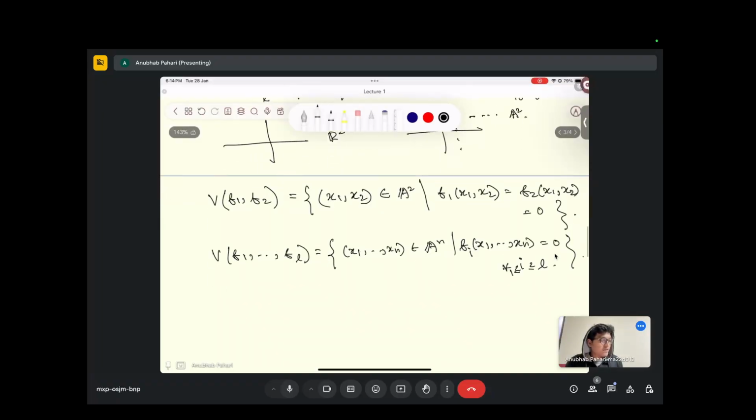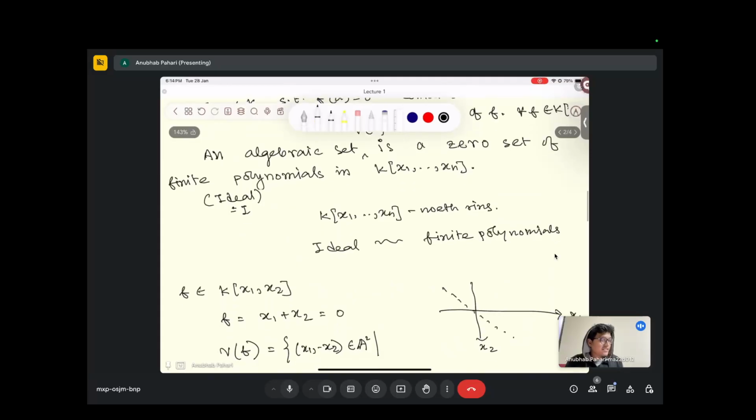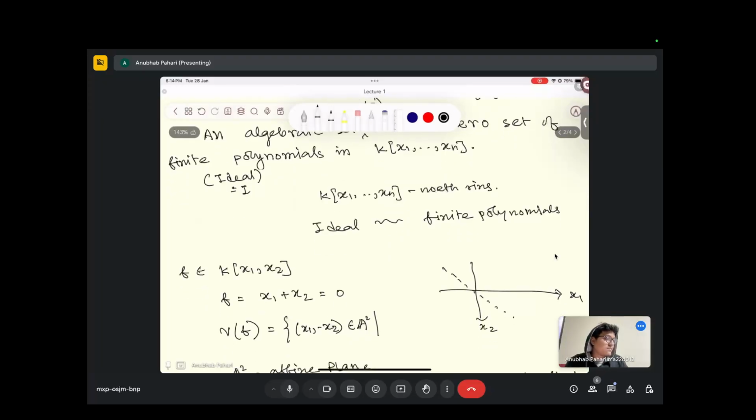So I said that ideals and finite sets of polynomials are the same thing for a Noetherian ring, a Noetherian polynomial ring.